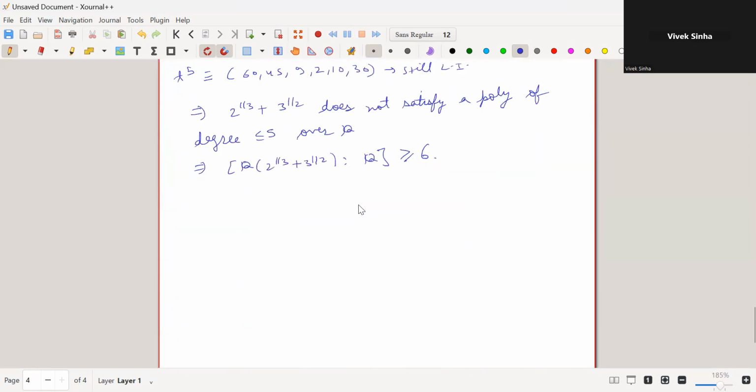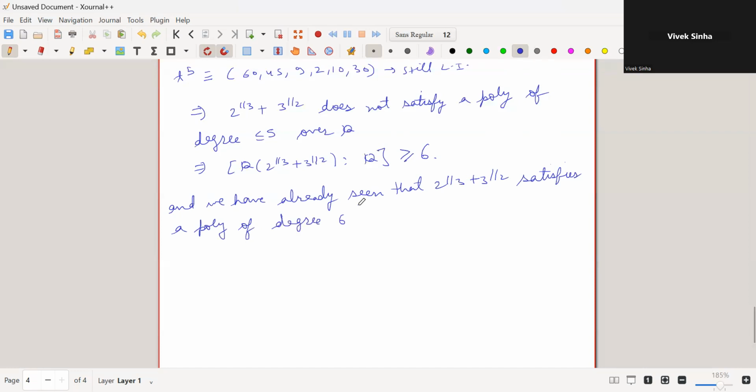And we have already seen that 2^(1/3) + 3^(1/2) satisfies a polynomial of degree 6 over Q.